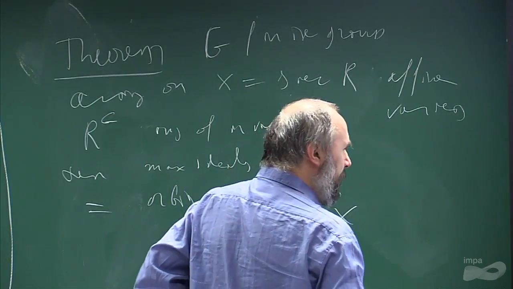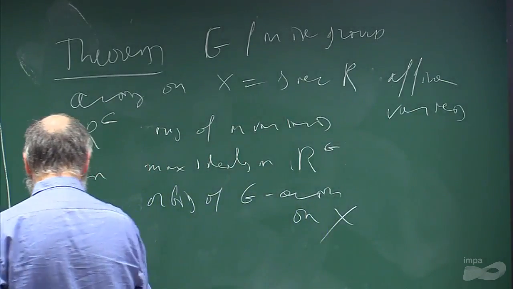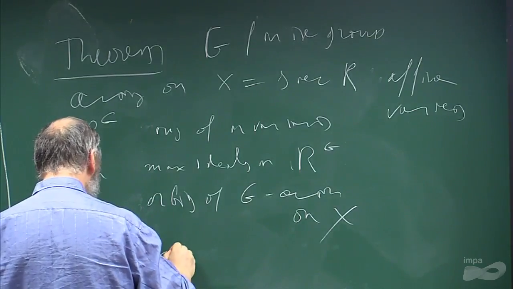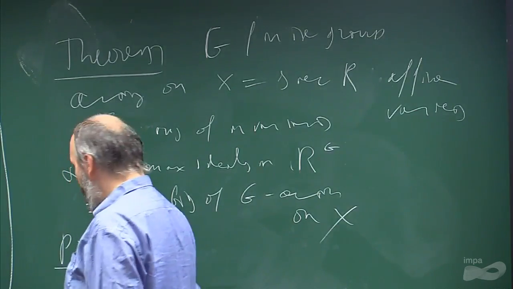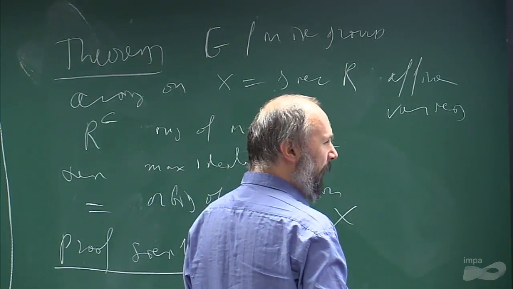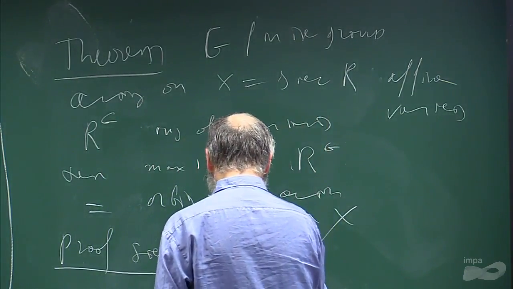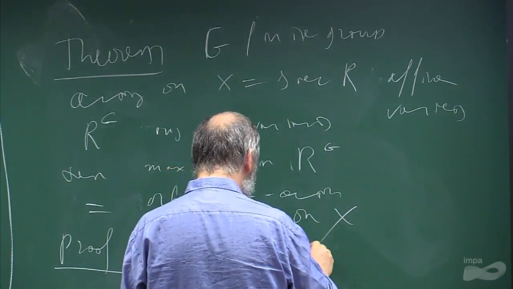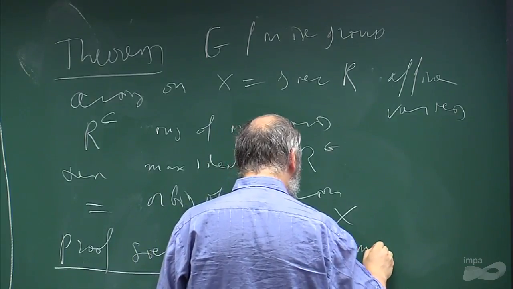Okay, so let's prove it. Step 1. If you have a maximal ideal of R, so a G-invariant maximal ideal.